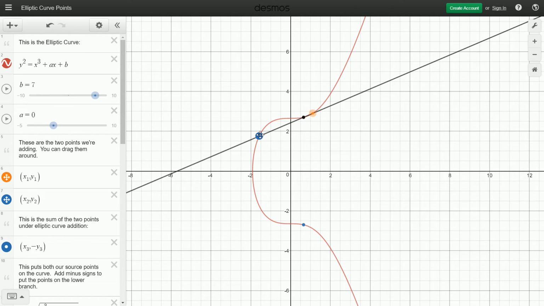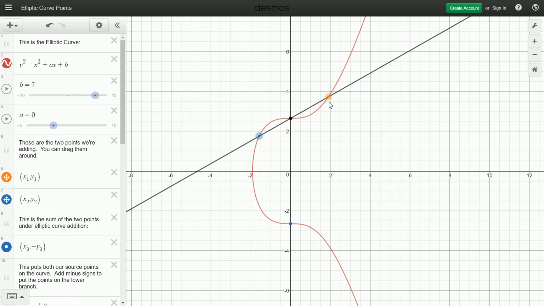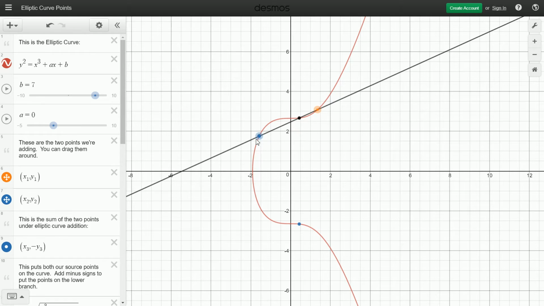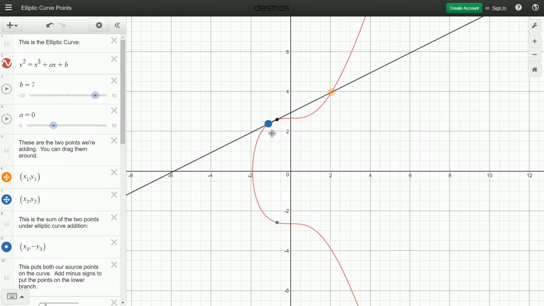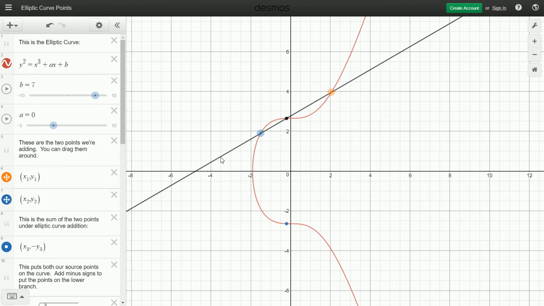Someone figured out that you can come up with a concept called elliptic curve point addition. And this is what's being shown graphically right now. We have 2 points, the big blue one here, and the big orange one. I can drag them around. You can see that a line is formed between the 2 points.